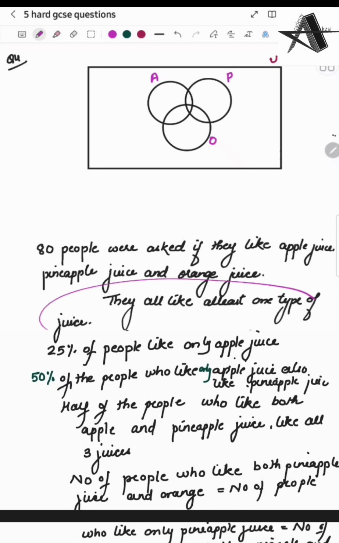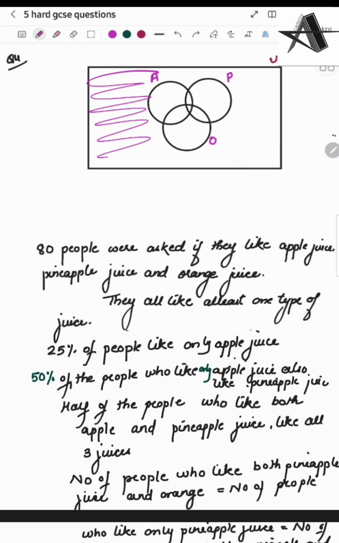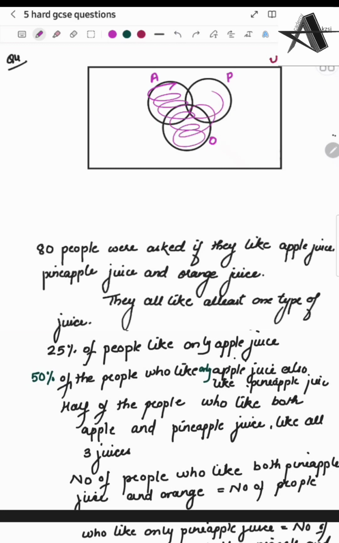This sentence shows me that all 80 like either apple, pineapple or orange. That means in the remaining space outside we have to fill nothing. All the values are lying within these three circles because everyone is liking something.